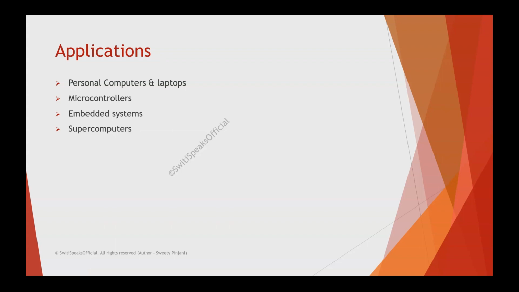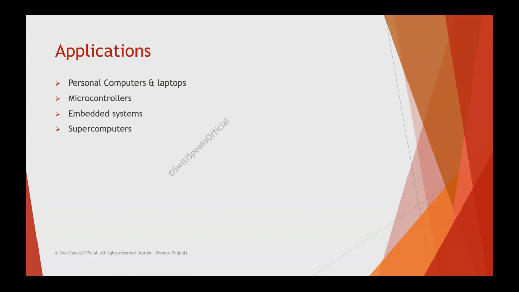To summarize, von Neumann architecture is something which has both instruction and data in the same memory. It consists of various components like CPU, memory unit, input device and output device. Again, your CPU consists of various subcomponents like CU, which is control unit, then you have ALU, which is arithmetic logic unit, and then you have registers.